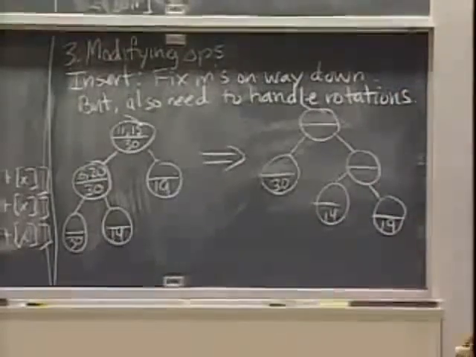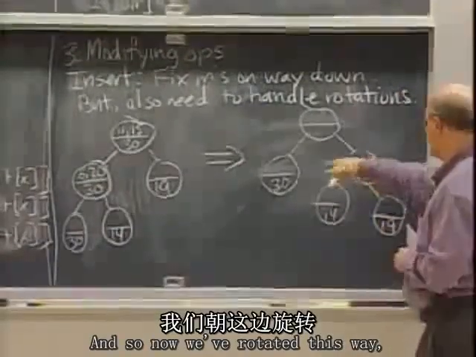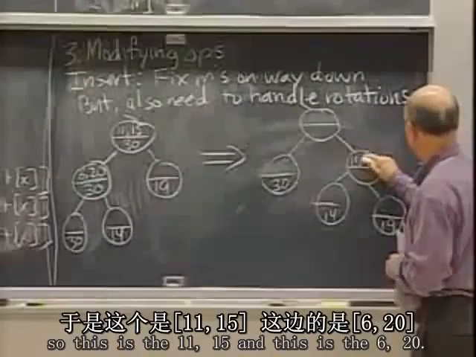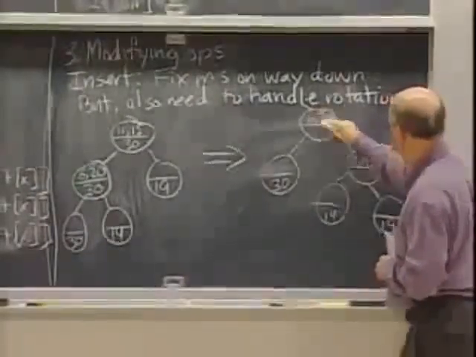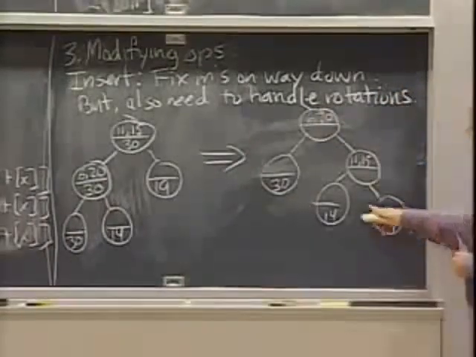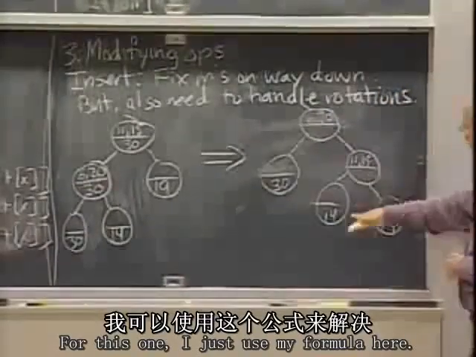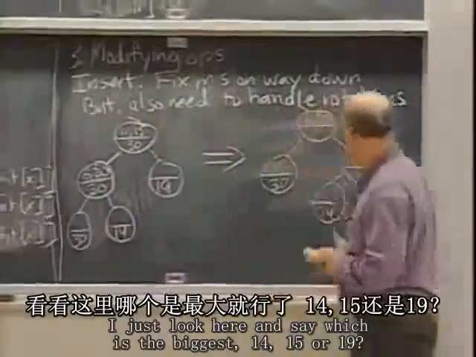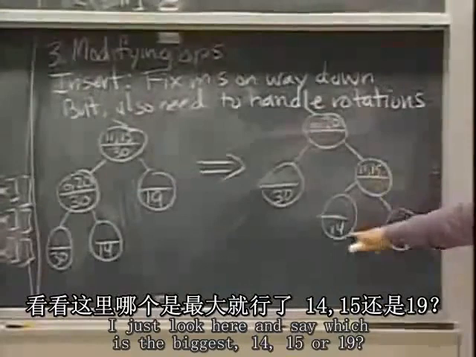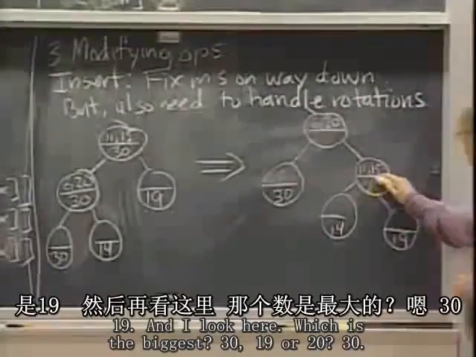Okay? And so now we've rotated this way, so this is the 11, 15, and this is the 6, 20. So for this one, I just use my formula here. I just look here and say, which is the biggest, 14, 15, or 19? 19.